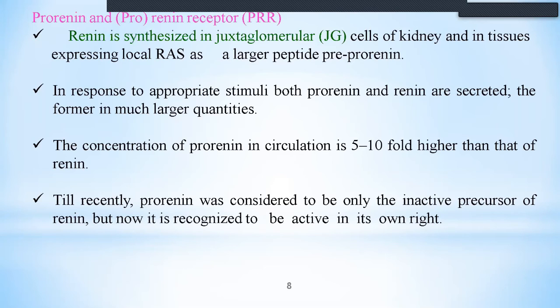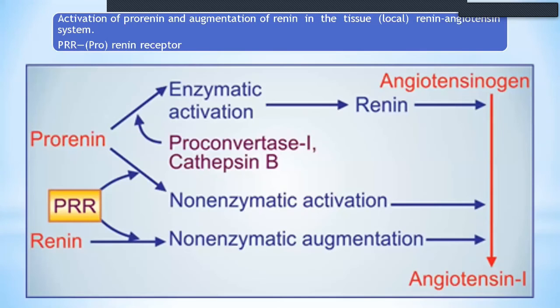Of course, renin is very important in converting angiotensinogen to angiotensin. But now prorenin is recognized to be active in its own right. Earlier, it was thought that it is not active, but prorenin is now found to be very active. The activation of prorenin and augmentation of renin in tissues happens by a variety of mechanisms, as usual.